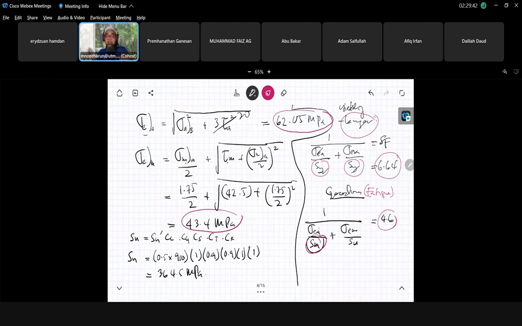If there are other bendings or torsions combined, we need to use the equivalent stress. If there are other alternating stresses, you have to combine them. If not, just use that one, because the torsion is 0.